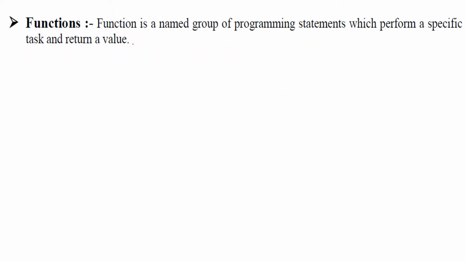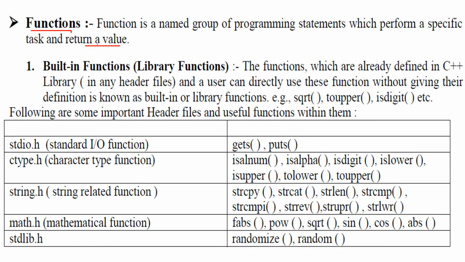Similar with the functions. A function is nothing but a group of statements that is going to perform a certain action, and also possibly returning some value. It may not return some value, but it will perform some other action. So we have built-in functions, that is the library functions.